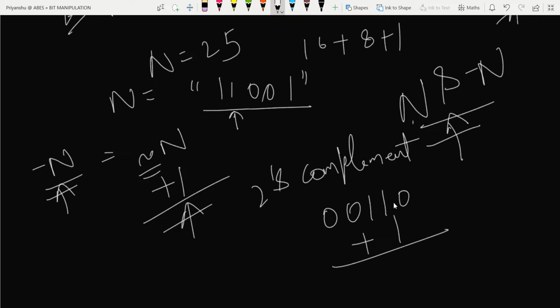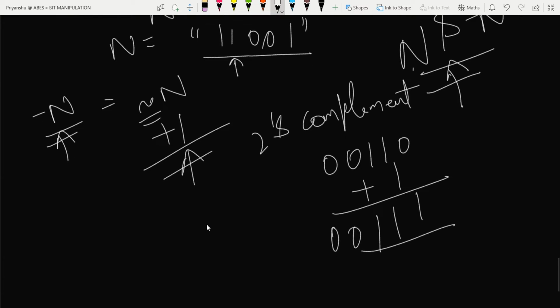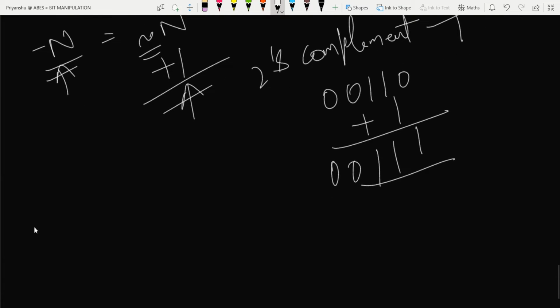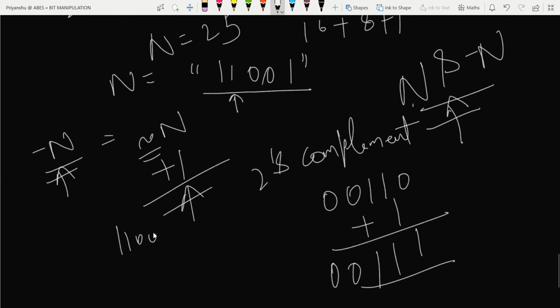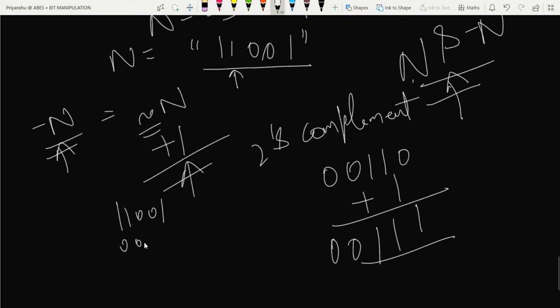So our value would be 1, 1, 1, 0, 0. And we take the AND of 1, 1, 0, 0, 1 and 0, 0, 1, 1, 1. We take the negation of it, it would be 0, 0, 0, 0 and it would be 1.